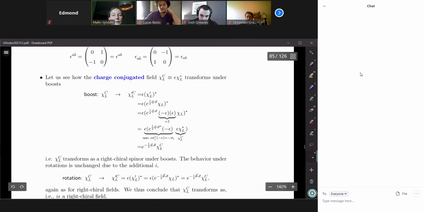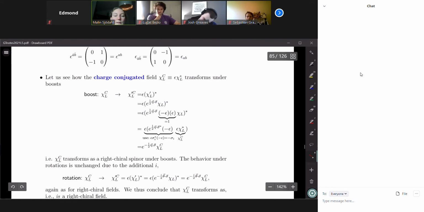Then we explore how it transforms under rotations, and we see that what is really changing essentially is that we have an additional i that we have to carry around, and that will turn out to give an additional sign such that we get back the minus sign that we started with.